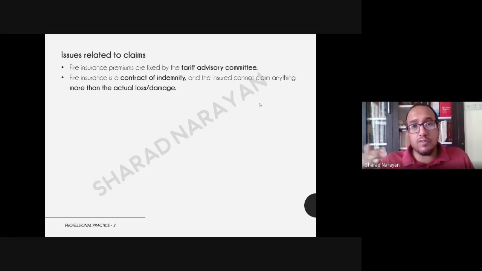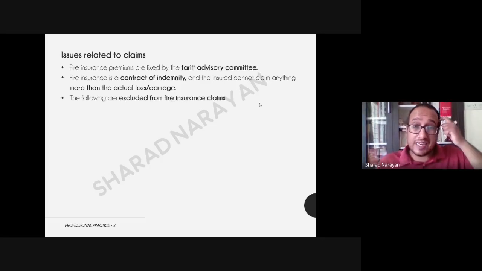Again, it is a contract of indemnity, and the insured cannot claim anything more than the actual loss and damage. So whatever is exactly lost as a result of the fire will be exactly and verbatim replaced as a part of this contract of indemnity.